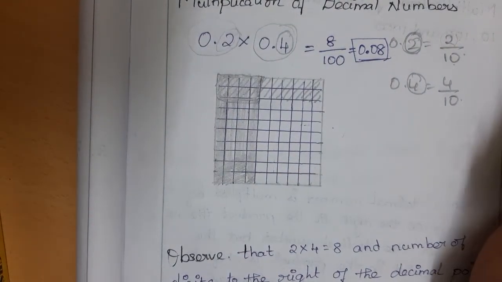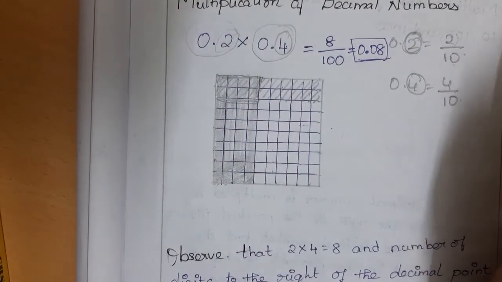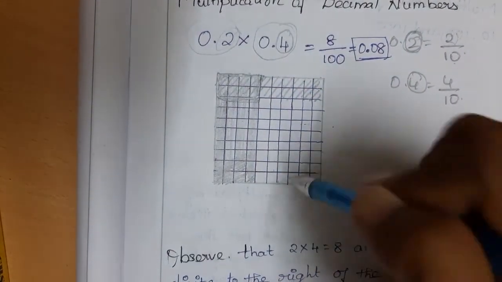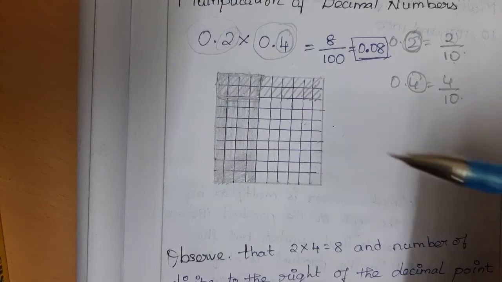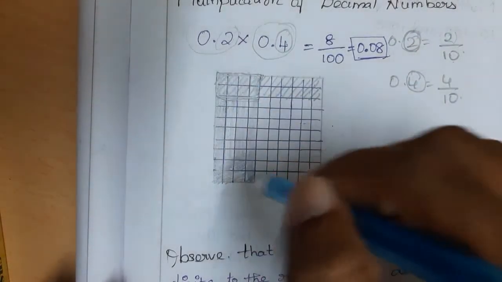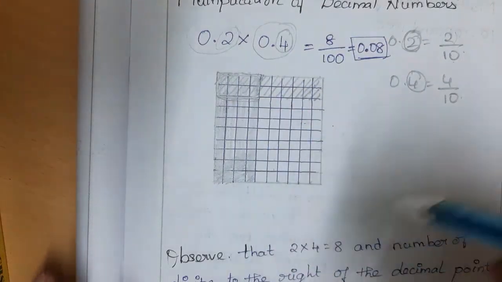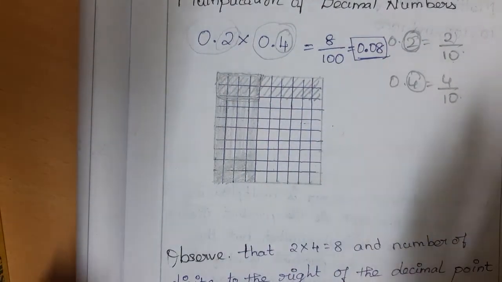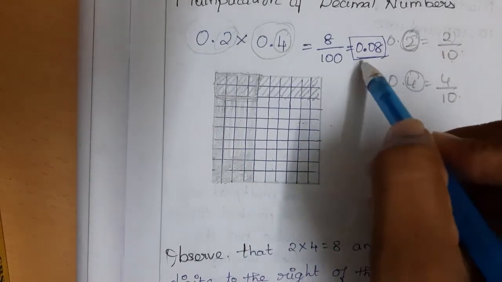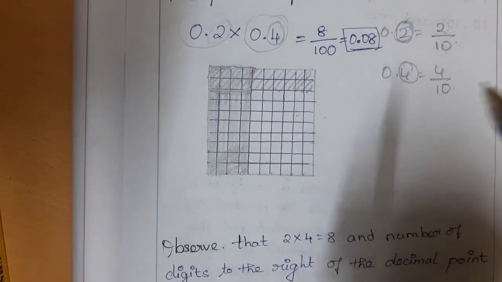Clear? But if you observe, we cannot represent all problems in a grid. If it is more than 100, it is quite impossible to draw thousandths and ten-thousandths decimal values on paper. So let me observe a pattern here.